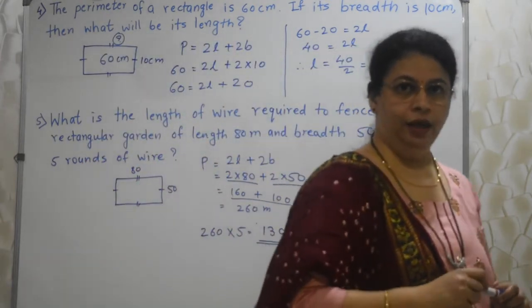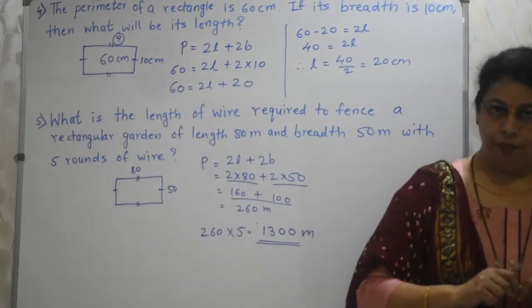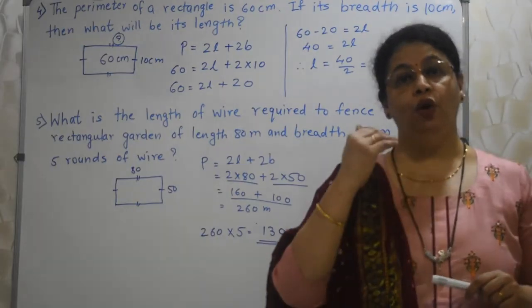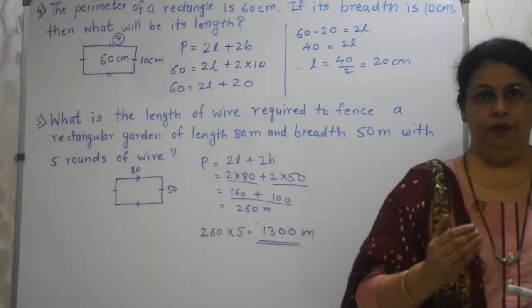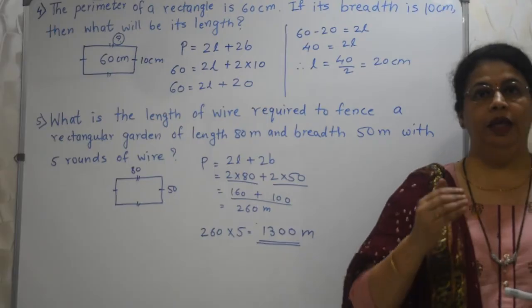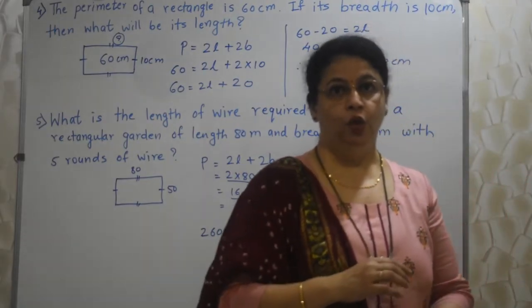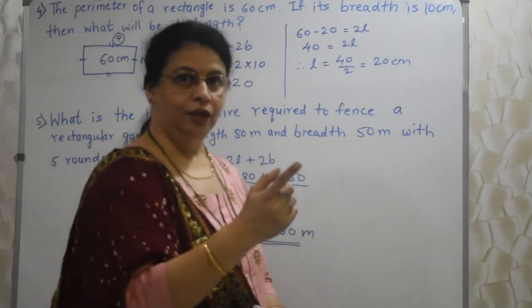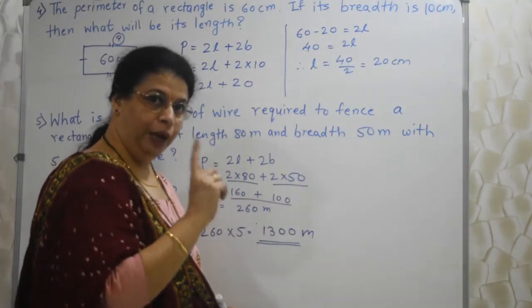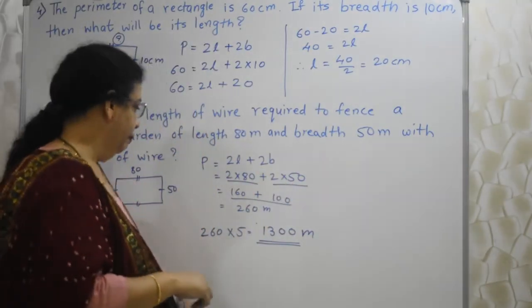In case, in the same sum, if they would have given the cost of the wiring per meter, then your job is to multiply with that price or cost.